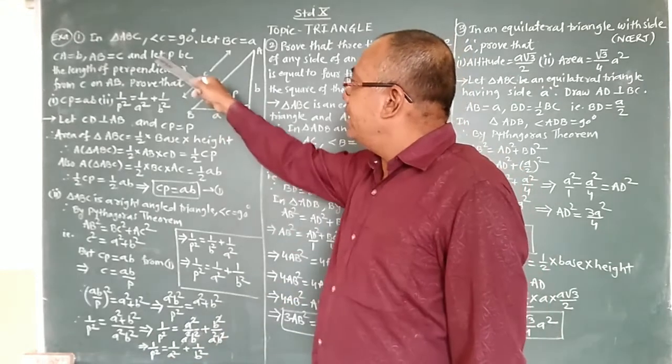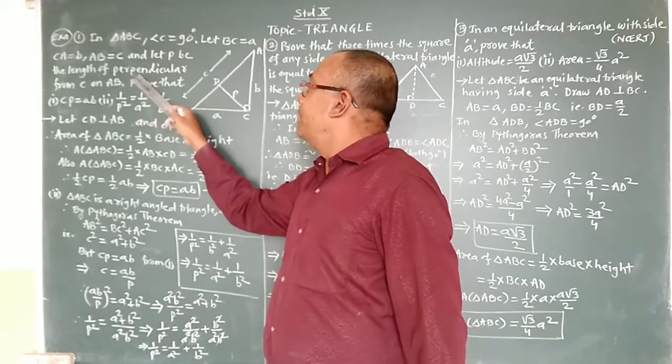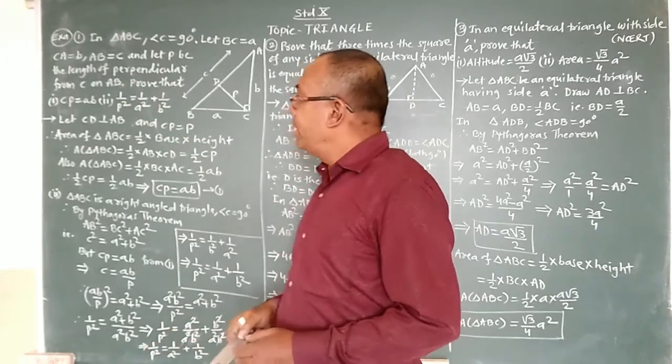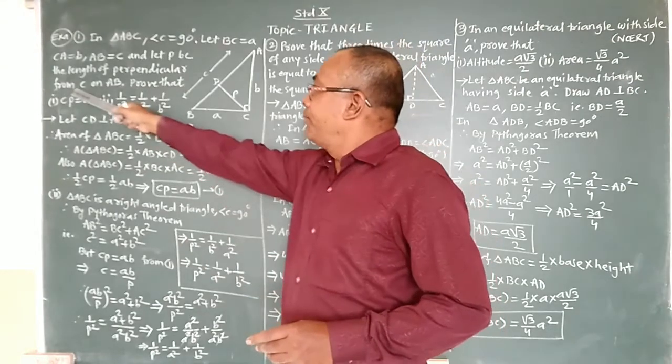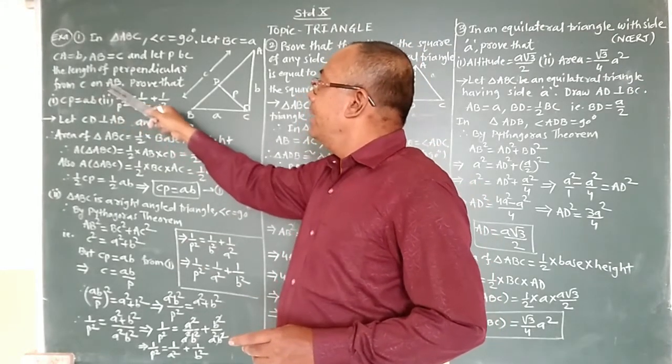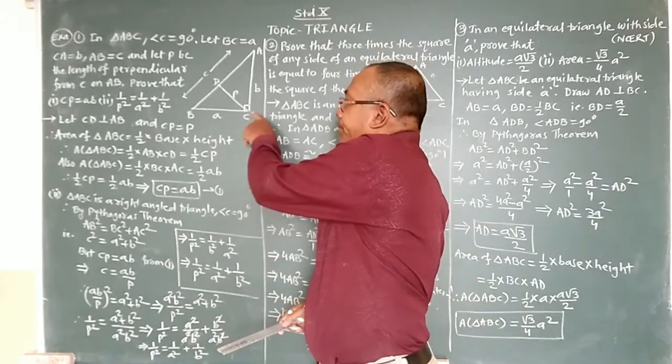And let p be the length of the perpendicular from C on AB.